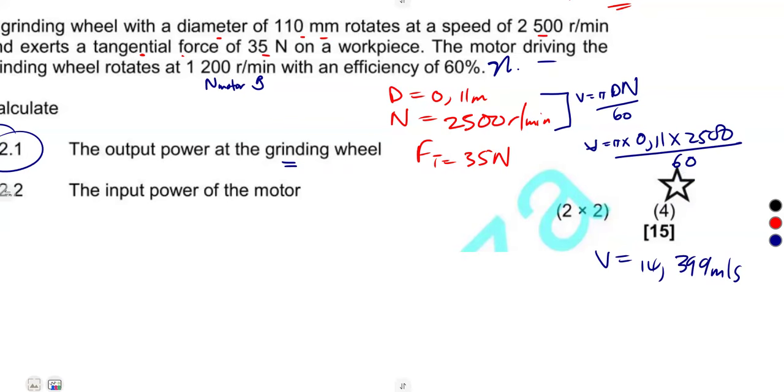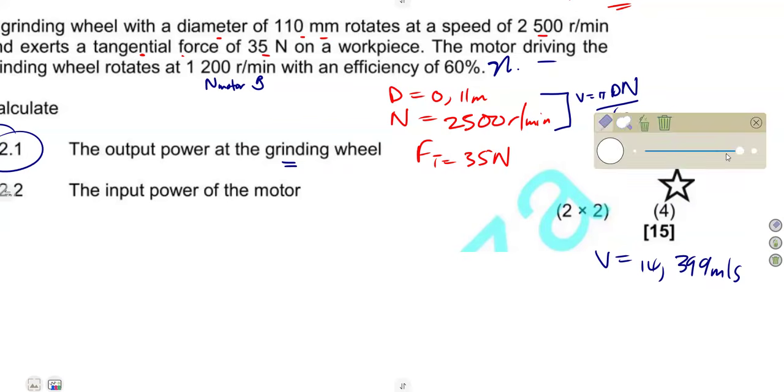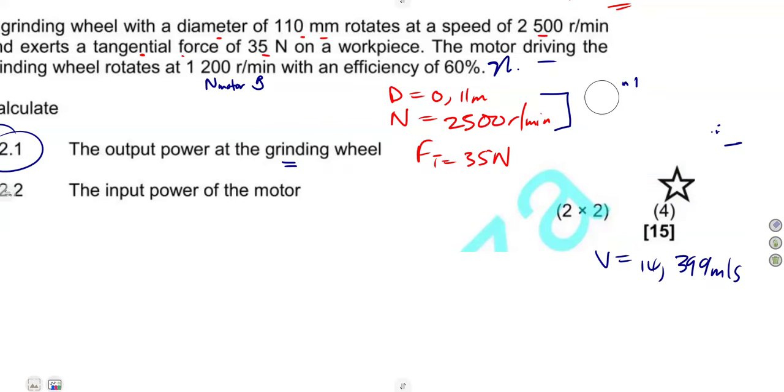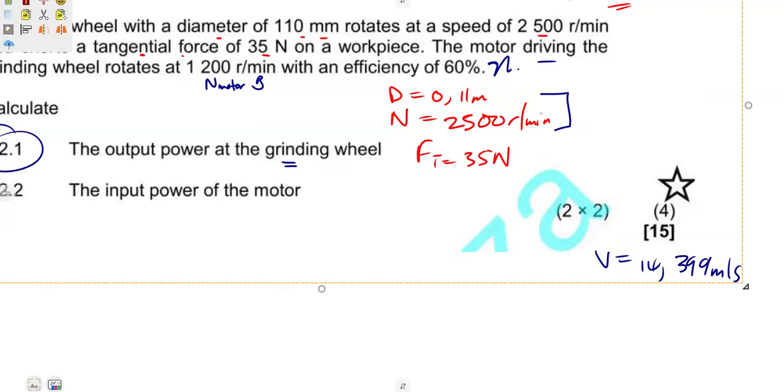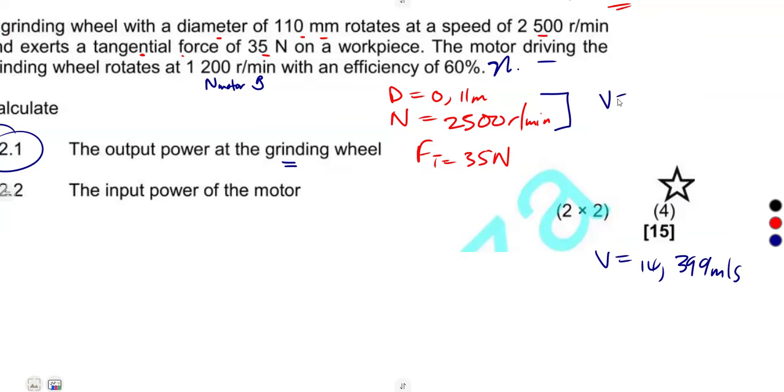So that is our velocity from here, the tangential velocity. Why are we looking into this tangential velocity? Because we've got the tangential force. So we can simply work with that tangential velocity and the force to determine the output power.